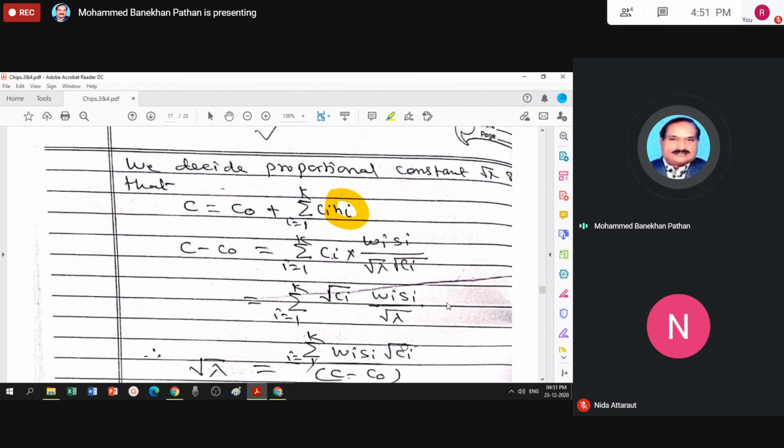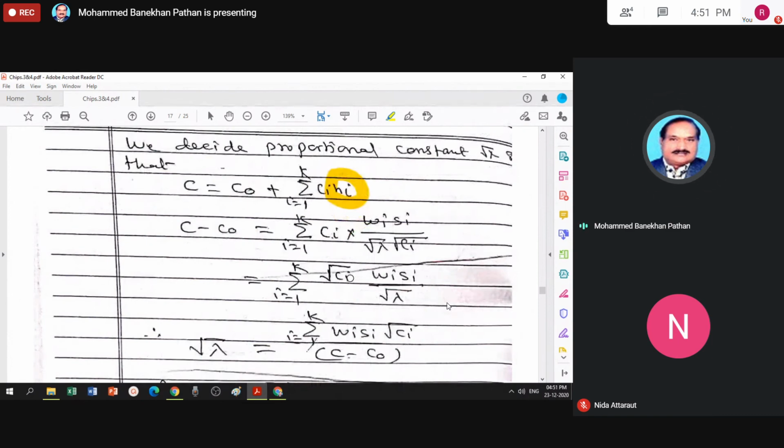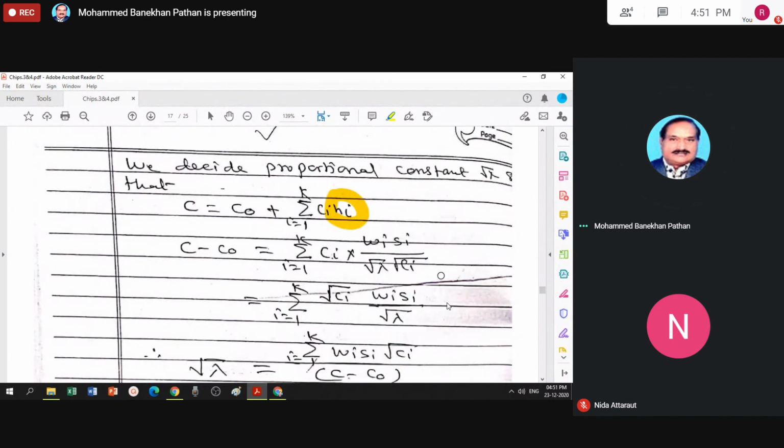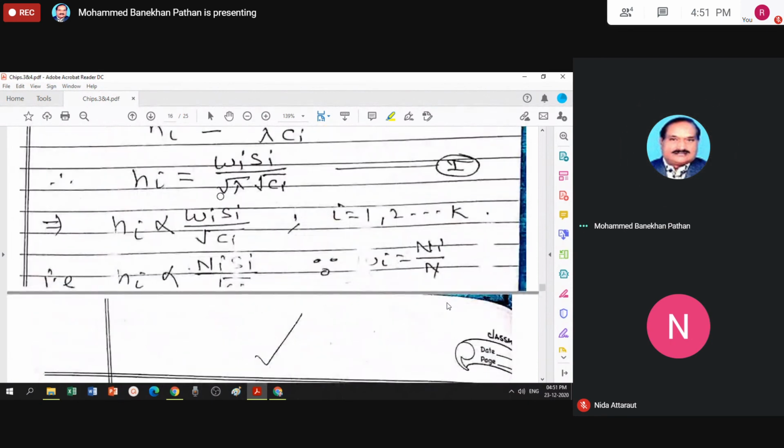When the subscript i is there, that means it is a variable quantity with this summation. But here root lambda is a pure constant. So you take this on the left and the rest on the right, and you get a value for root lambda. Put this value of root lambda at this point, so you get the result for Ni under optimum allocation.